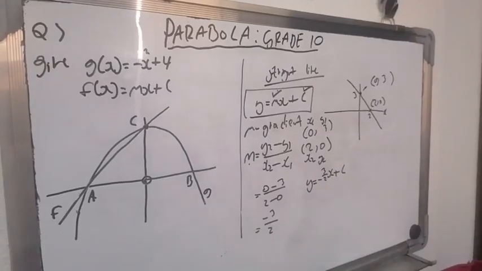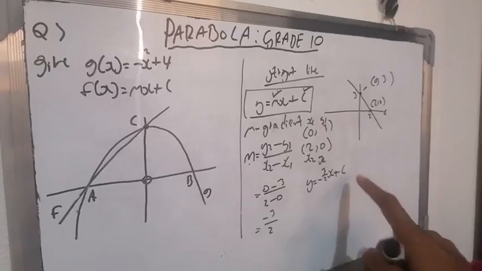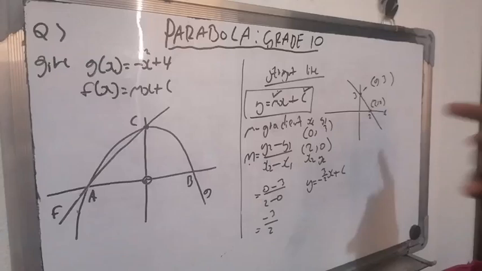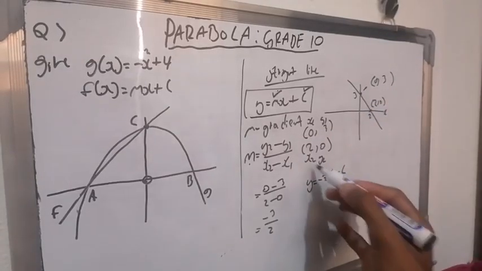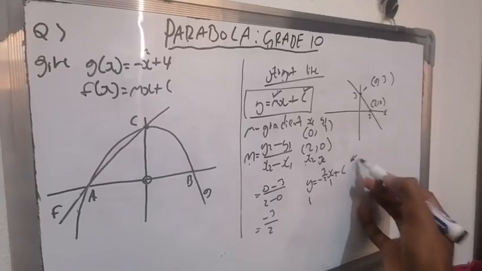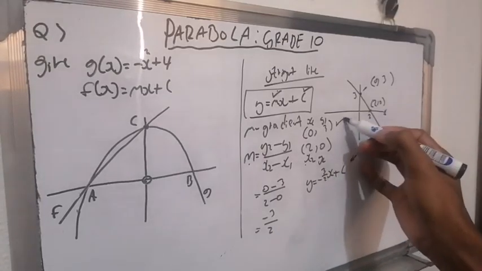So you do have the m now, but you don't have the c. But that's okay. It's easy to find c because you're gonna choose any coordinate, because your coordinate has x and y. So you can substitute x and y and then get to know what your c is. So let's choose this one.